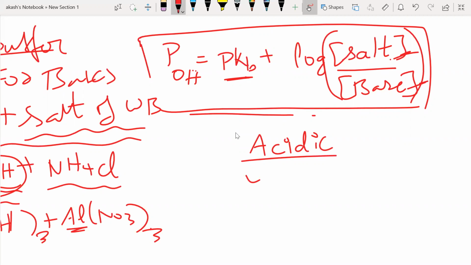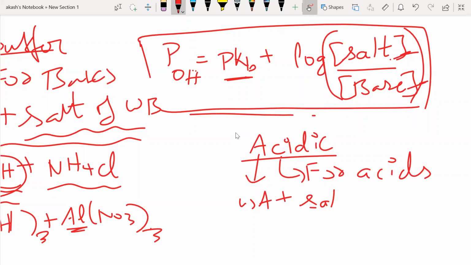Now, how do you produce it? Whenever acids are causing you problems, at that time you go for acidic buffer. So how do you produce it? You have to take a weak acid plus a salt of the weak acid.